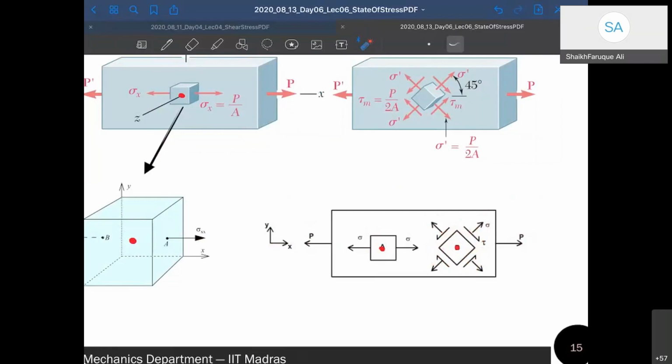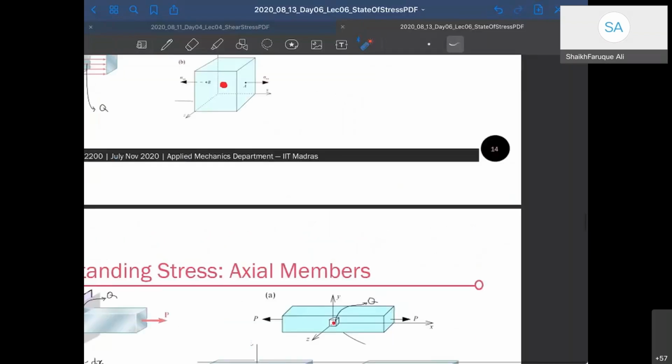Okay. Clear? So this is how you represent the stresses. So remember that these two are perpendicular to each other. So one plane that was taken maybe 45, the other plane that was taken is minus 45. Okay, like here. We have shown this here, right?